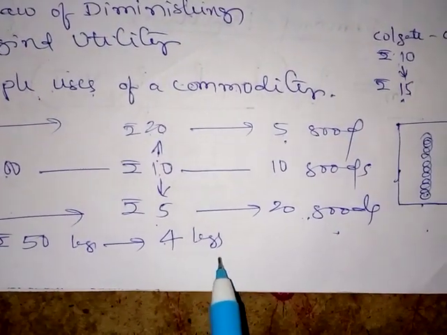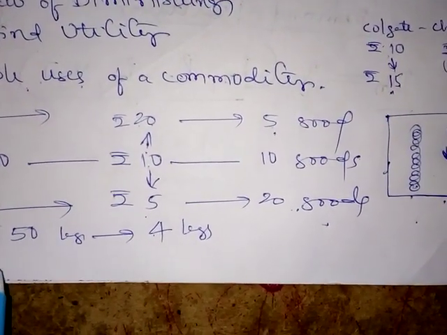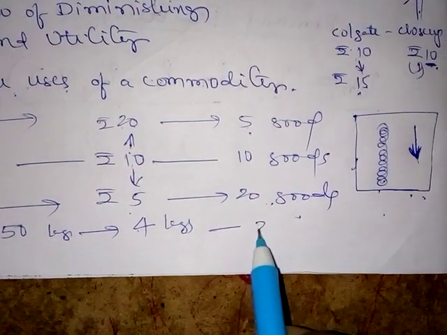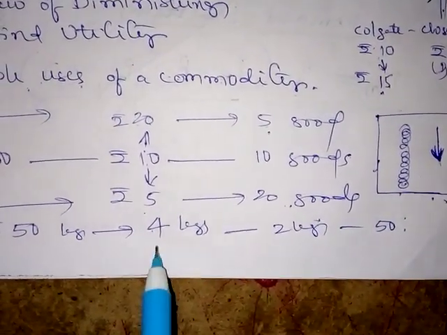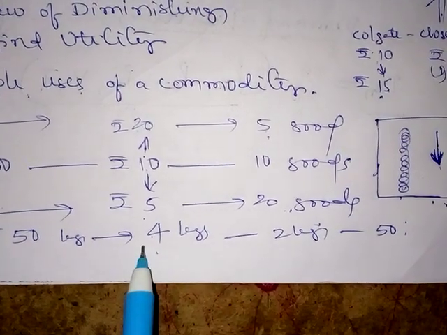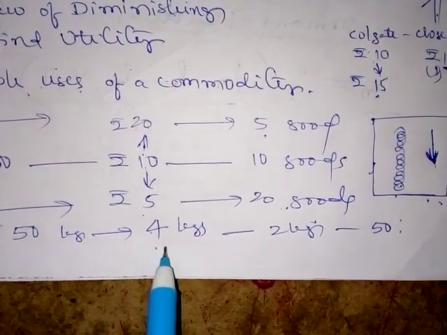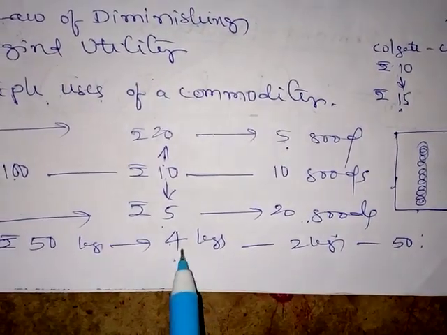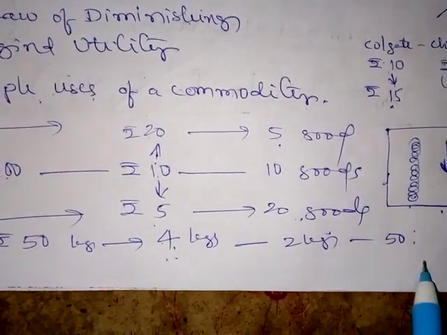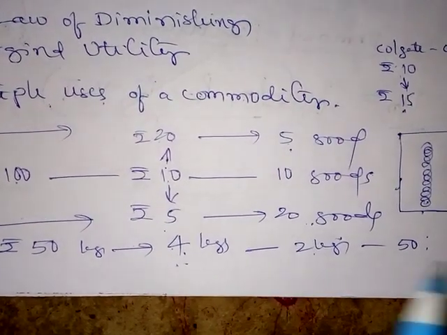Here one consumer has come and he is willing to buy 2 kgs of mangoes at ₹50. But the seller says, why don't you take the other 2 kgs of mangoes also, so that I can leave this market? Then the consumer says, no, I need only 2 kgs of mangoes, that's enough.